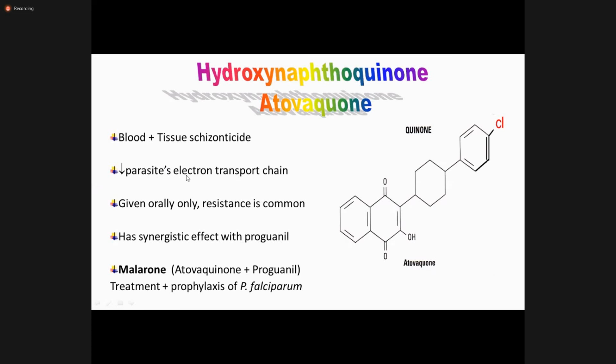A new combination, Malarone, is nowadays given, which is a combination of atovaquone and proguanil. This is also used nowadays against blood and tissue schizonticides.